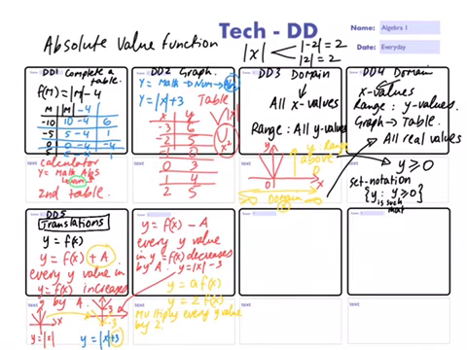Similarly, then you can have graphs like this. y is equal to f(x plus a), right? So when you have a parenthesis with plus a, you do the opposite. Do the opposite. Okay?